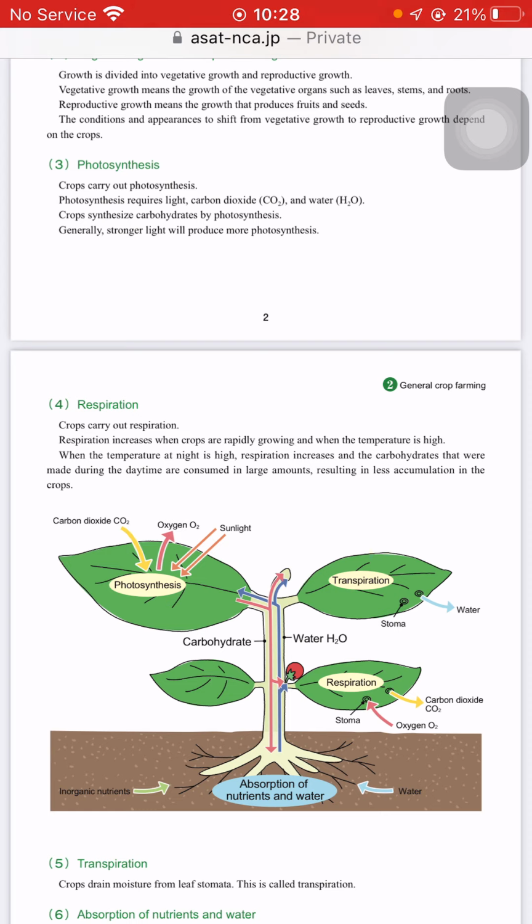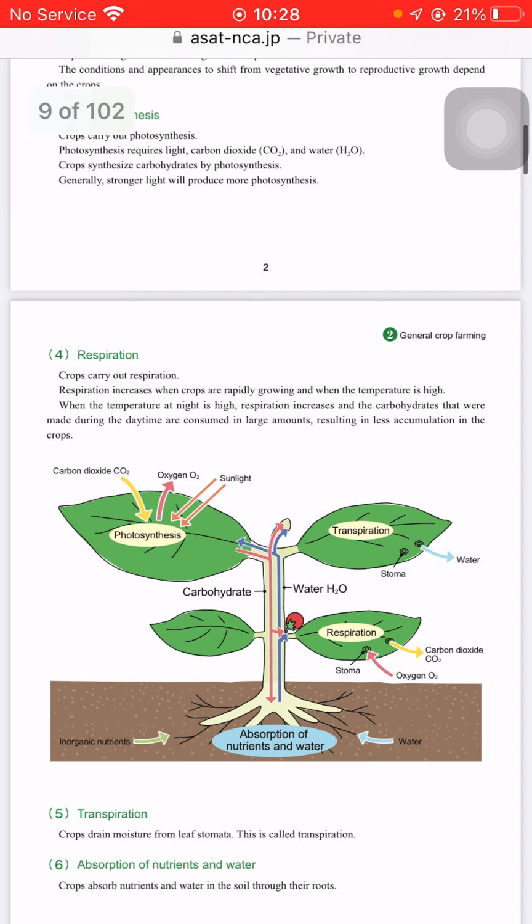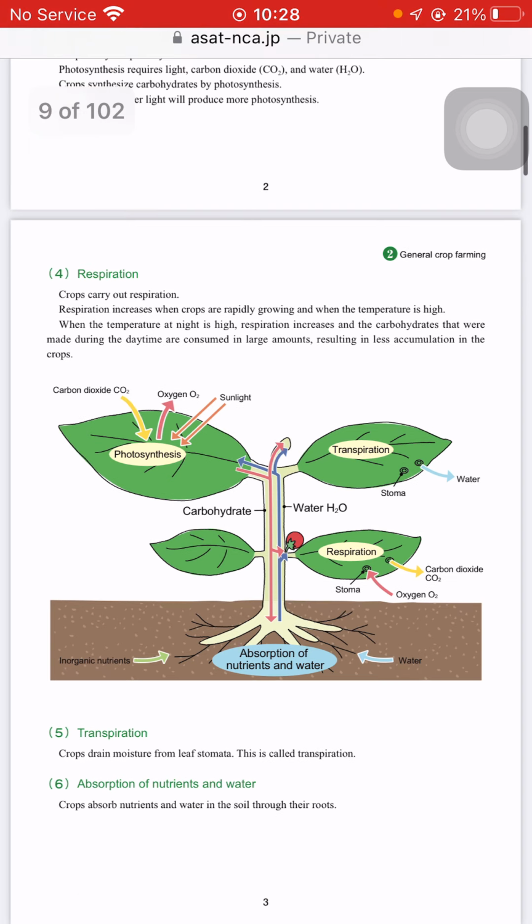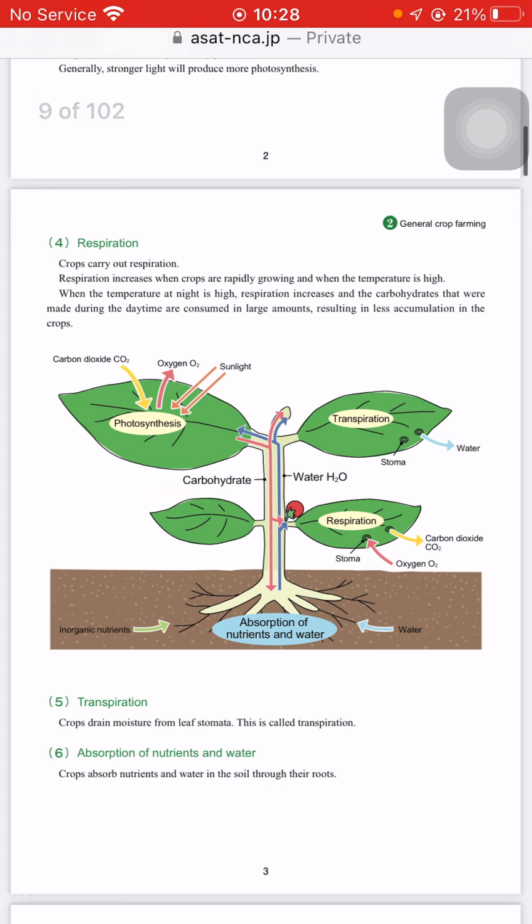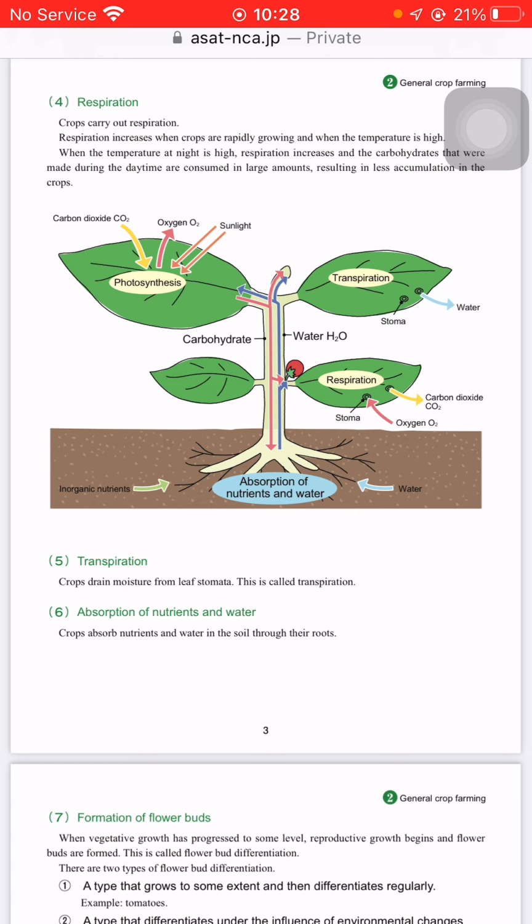Transpiration, stoma, and water. Crops drain moisture from leaf stomata.